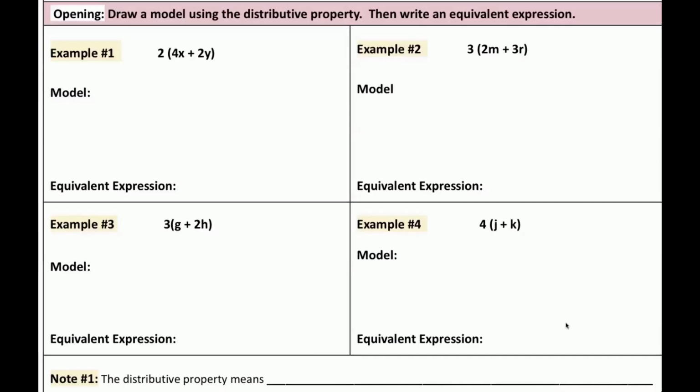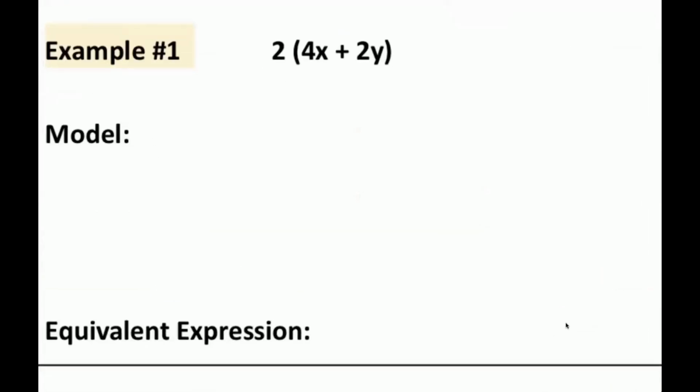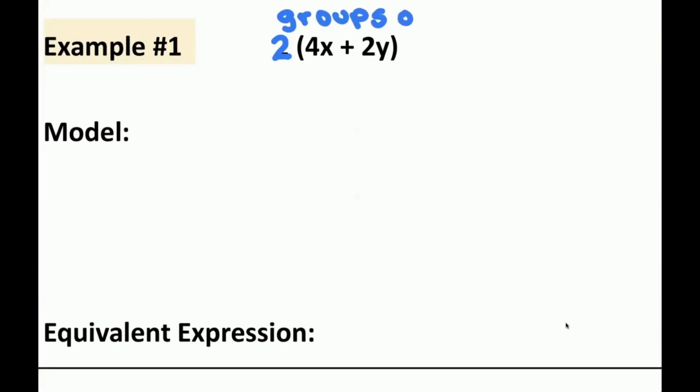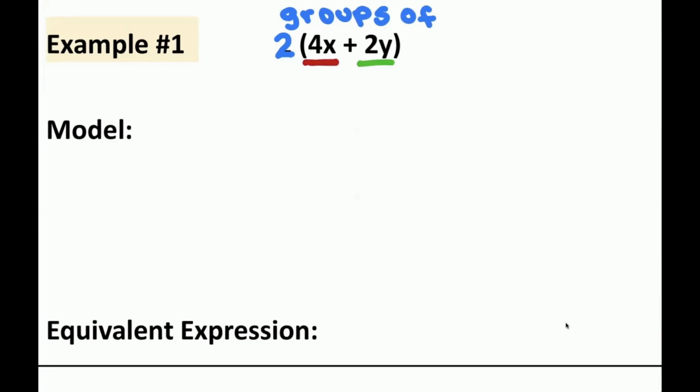Let's take a look at example number 1. The number on the outside of our parentheses, this 2, that's called our coefficient, and it tells us how many groups there are. So in this example, we have 2 groups of 4x plus 2y. Since we are drawing a model here, I'm going to start by writing x 4 times to represent 4x.